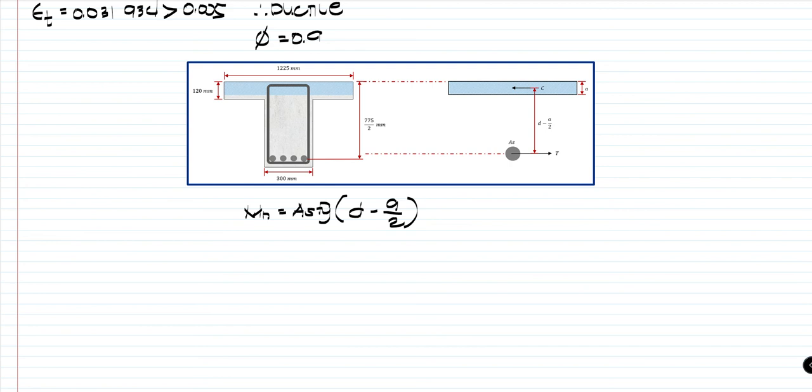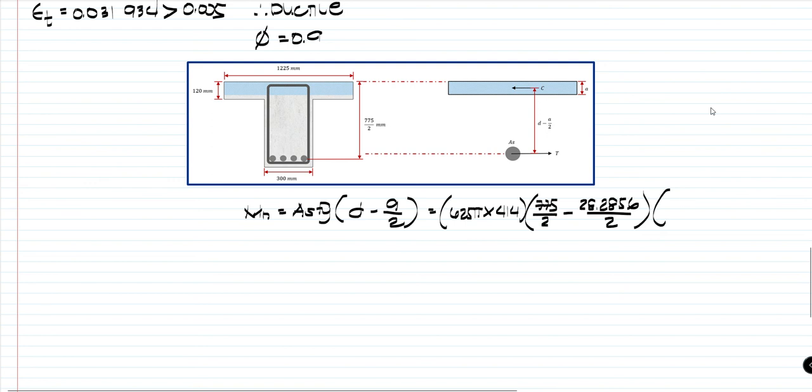So that will be As is 625 pi times Fy is 414 times the effective depth is 775 over 2 minus a, which is 28.2856 over 2, times 1 over 1000 squared.